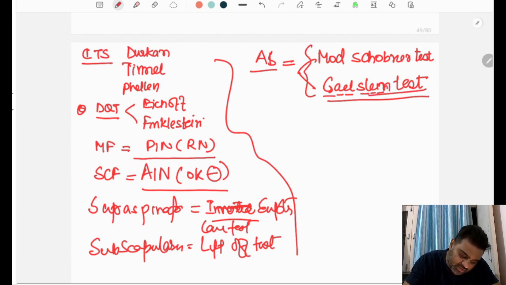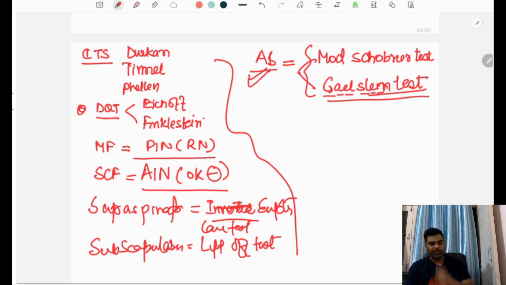These are the two tests which have been asked in NEET PG as well as INI-CET. I will explain this after some time.